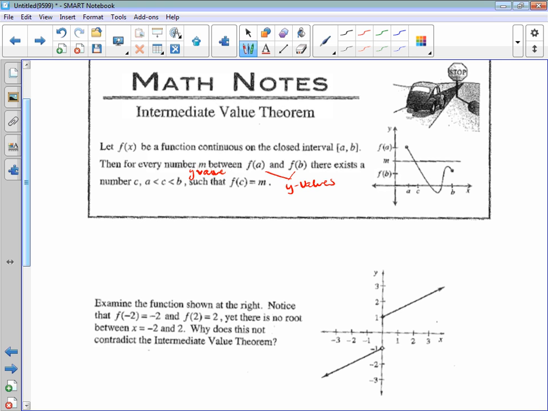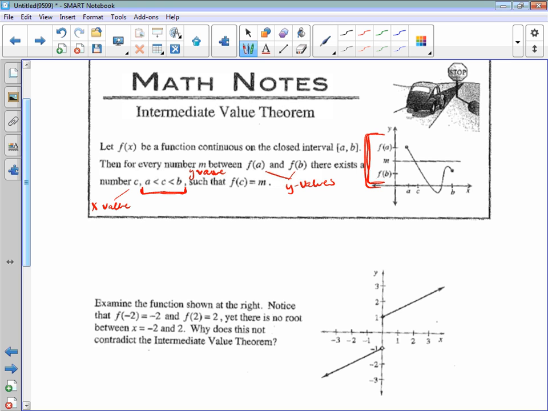And you can see over on your graph here, there's f of a, there's m, and there's f of b. You guys see how m is in between f of a and f of b? Right? Okay. There exists a number c, and this is an x value. What this little inequality means is that c is in between a and b.